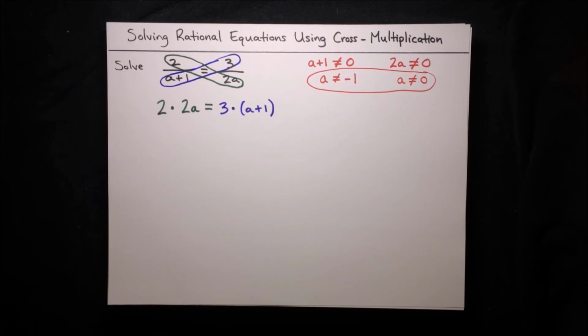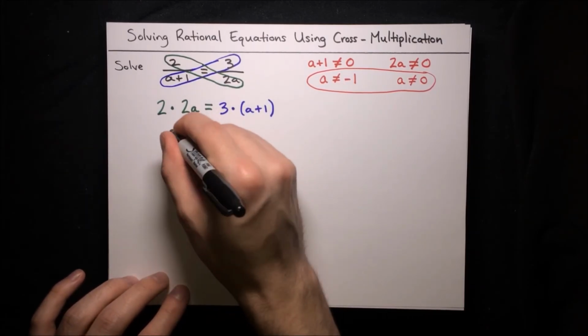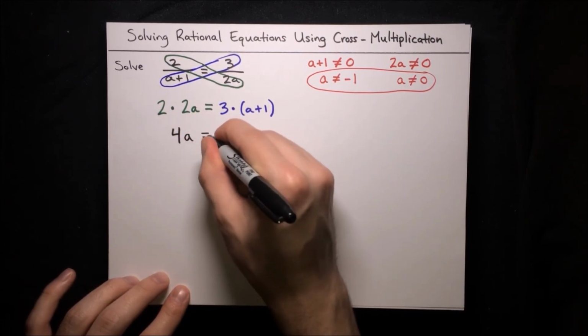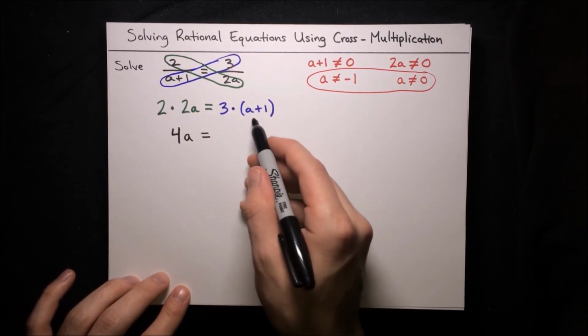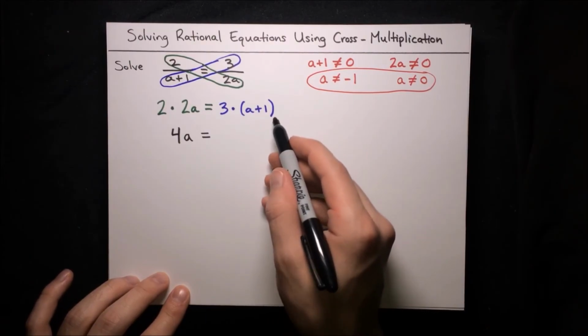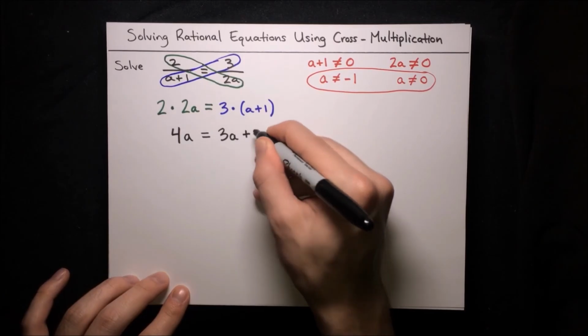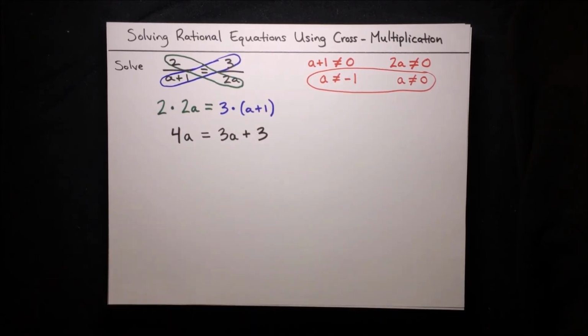Let's start by simplifying it. 2 times 2 is 4, so the left-hand side is just 4a. On the right-hand side, we'll distribute this 3 over the sum a plus 1. 3 times a makes 3a, and then plus 3 times 1, which is 3. Now to solve for a, we can move a over to the left-hand side.